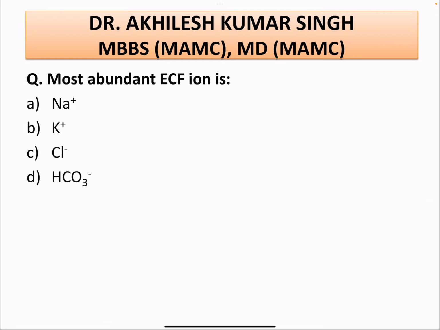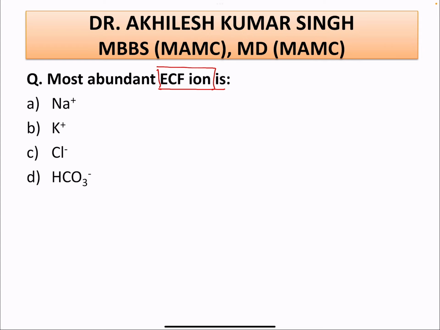The first question is: the most abundant ECF ion is. In this question, you have to know the ionic composition of the ECF, and side by side you have to also know the ionic composition of the ICF.